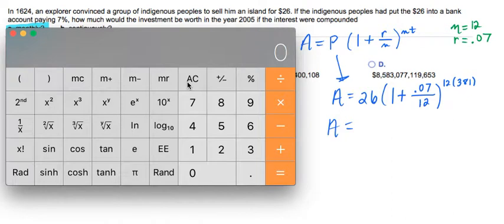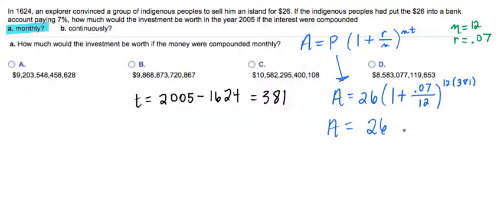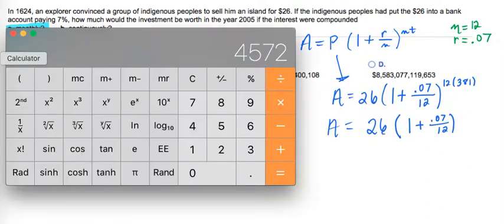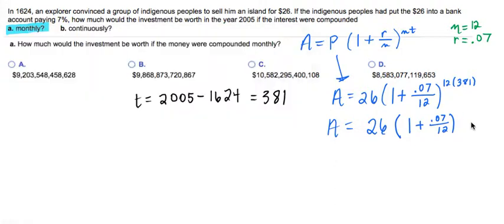So first I'm going to do 12 times 381, just to make a note of that. 12 times 381 is 4572. So we have 26 times 1 plus 0.07 over 12 to the power of 4572.